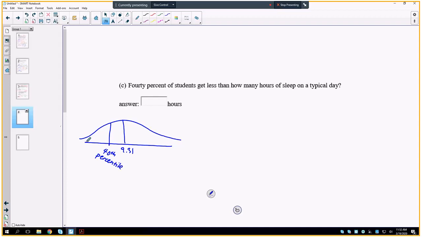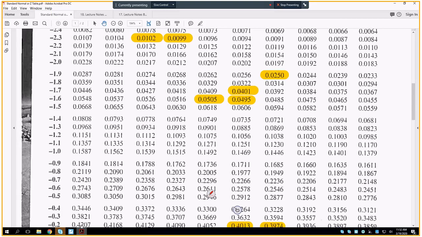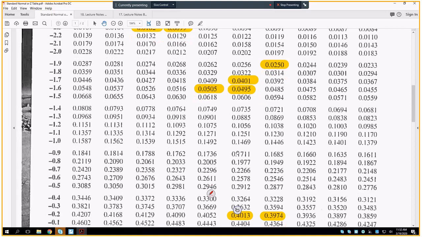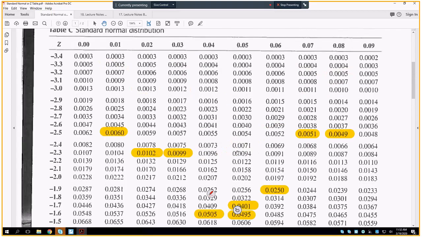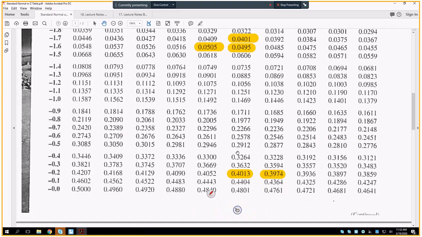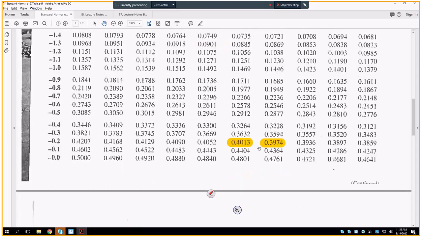And I know how to find that. I need to convert the 40th percentile into a z-score, and then I need to convert that z-score into an x value. So let's see my table. I'm looking for 0.4 for 40% in my table. And it looks like that should be, scroll down, somewhere in this ballpark.